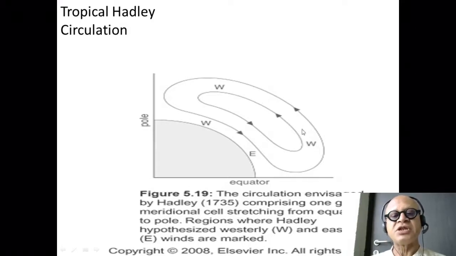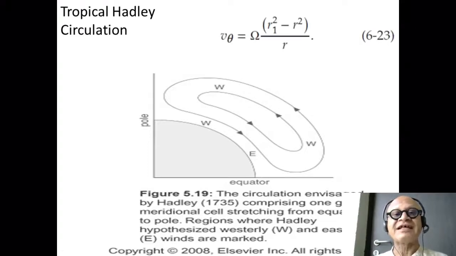So he imagined a circulation in the upper atmosphere going poleward, except he assumed that it would go all the way to the poles. Right? He still wasn't aware of angular momentum conservation, baroclinic instability, complete effects of Coriolis, and so on. And he had winds converging into the low latitudes all the way from the poles. We already know that that is not exactly true.